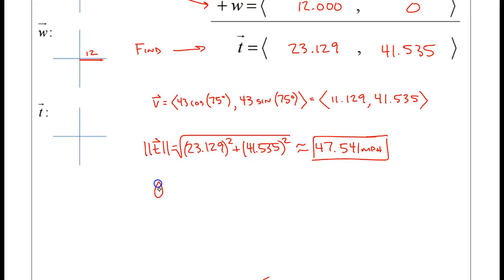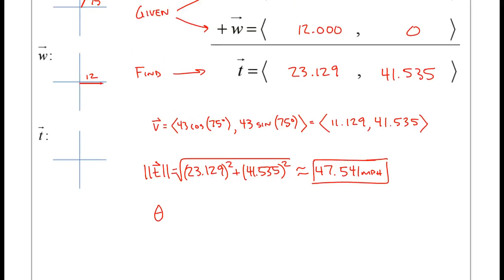Now how about the angle? Well, it might make sense to take a quick look at the sketch of this vector. I have a horizontal component of about 23, a vertical component of, when I round up, 42. So that's going to be a vector that looks like this, and that angle theta is in quadrant 1.